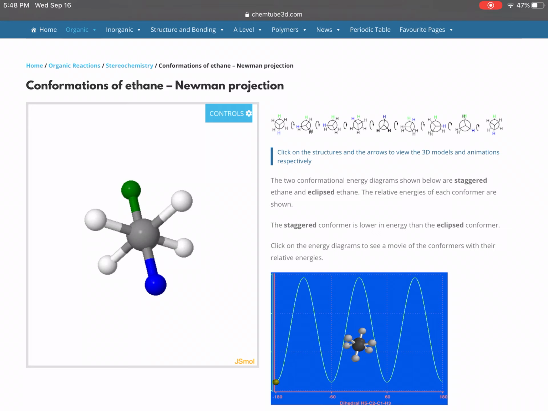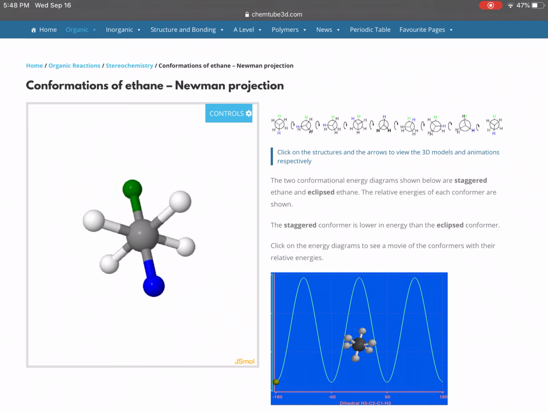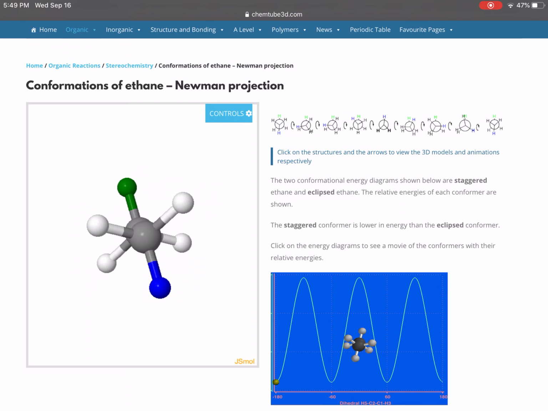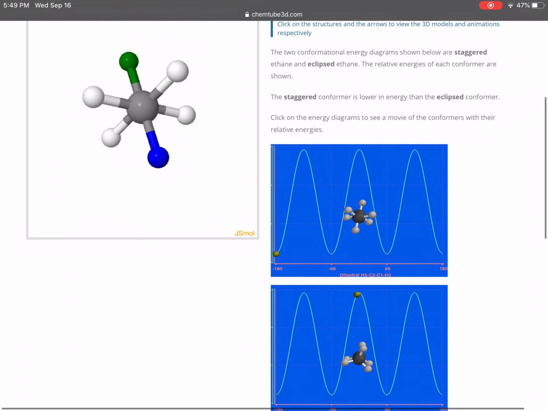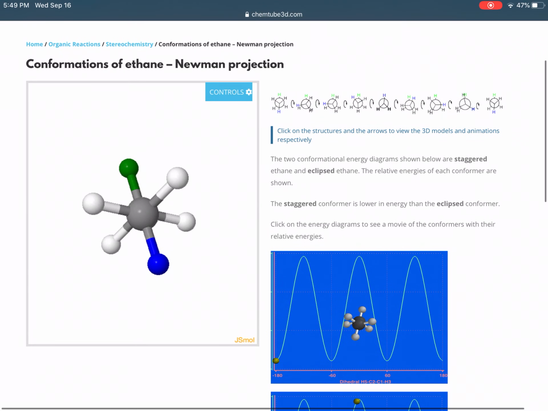If you look at the green atom and you look at the blue atom, you'll notice that they're lined up sort of opposite to each other, right, when you look at it at an angle. However, we could very easily spin around that axis to get a different conformation. Let's see.